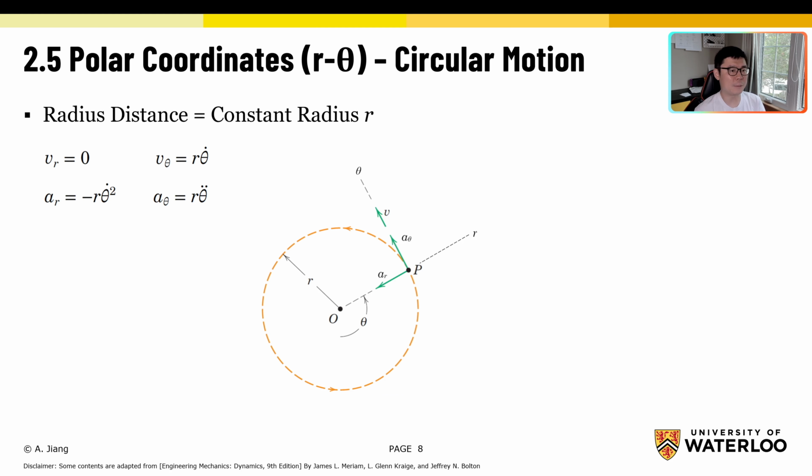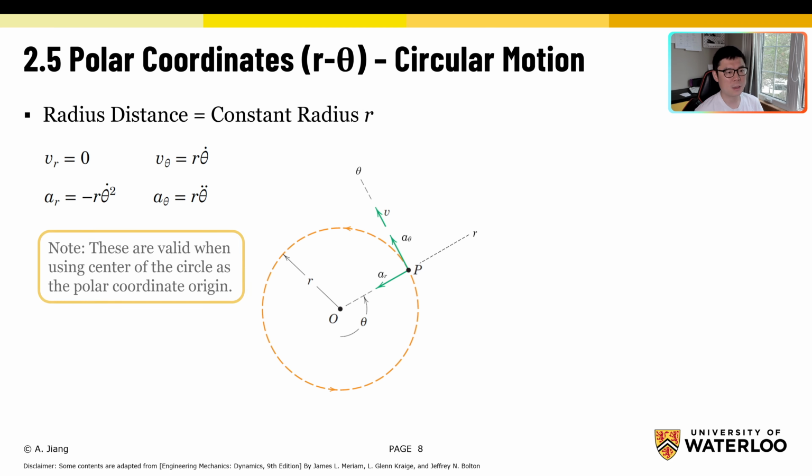In the NT system, towards the end, we looked at the circular motion, which was a special case. Well, circular motion is still a special case for the polar coordinate system. When we are using the center of the circle as the origin for the polar coordinates, the equation can be simplified a lot. But this only works when the origin is at the circular motion center.